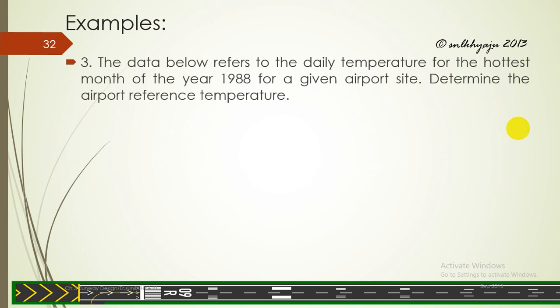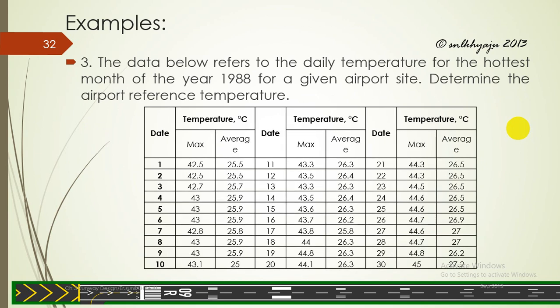Example 3. The data below refers to the daily temperature for the hottest month of the year 1988 for a given airport site. Determine the airport reference temperature. This is the table that shows the maximum and average daily temperature of the hottest month of the year 1988.